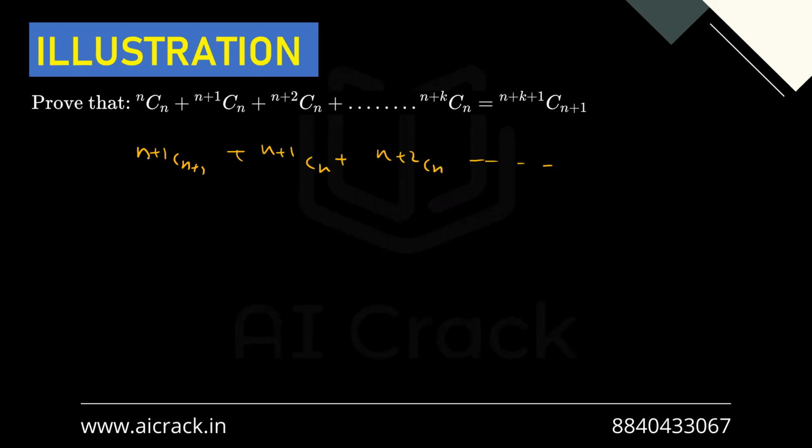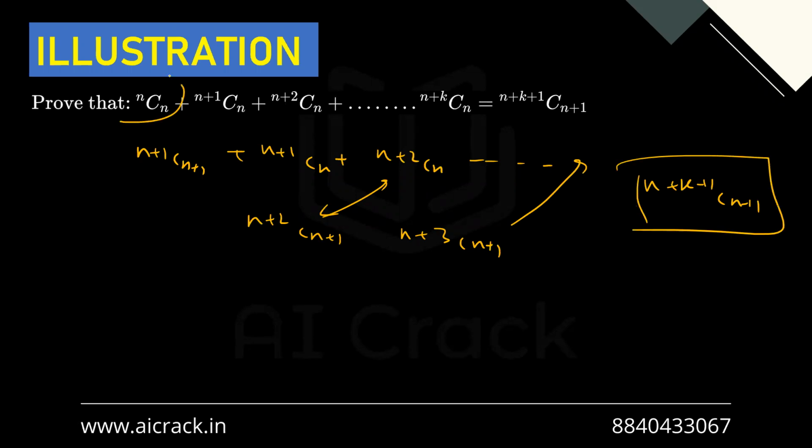Summation of these two would give me n plus 1 Cn plus 1 and n plus 1 Cn, so that would give me n plus 2 Cn plus 1, right? And now if I club both of them, I'll be getting n plus 3 Cn plus 1. I can keep on doing that until I get n plus k plus 1 Cn plus 1. So the main trick was over here only.